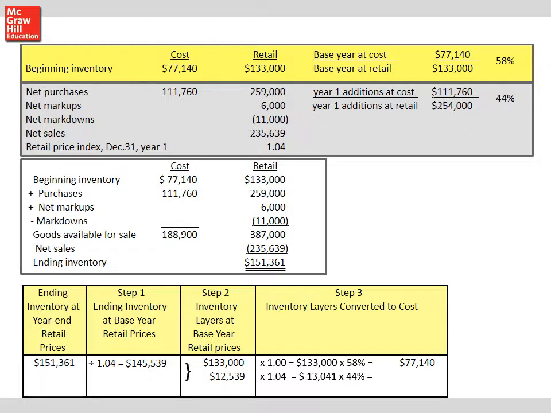Now convert that retail amount back to cost at 44%, the purchases cost to retail conversion amount. So what's the cost of the ending inventory? $82,878. So a few more steps because of the dollar value LIFO item, but take it step by step.